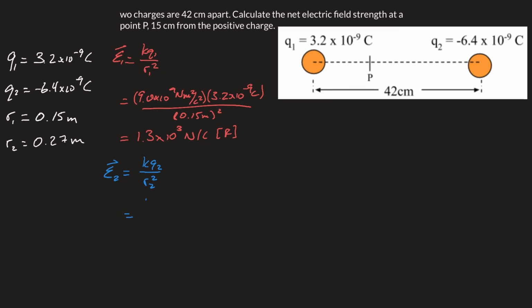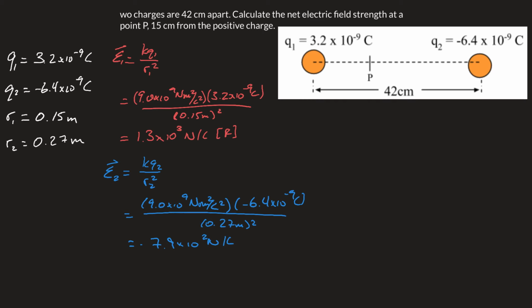Our value for K again is 9.0 times 10 to the 9 newton meters squared per coulomb squared times negative 6.4 times 10 to the negative 9 coulombs divided by 0.27 meters squared. This is going to give us a value of negative 7.9 times 10 to the 2 newtons per coulomb.